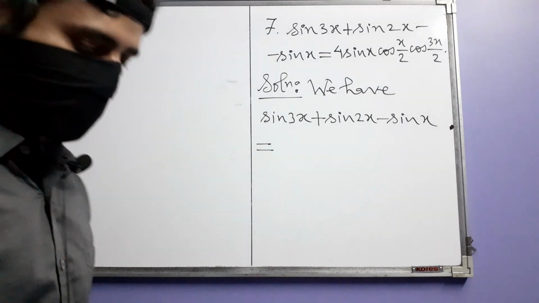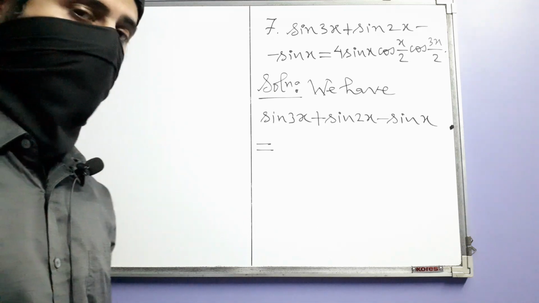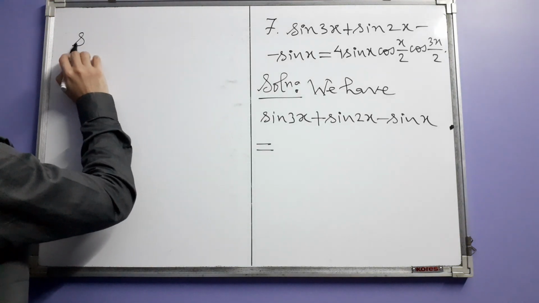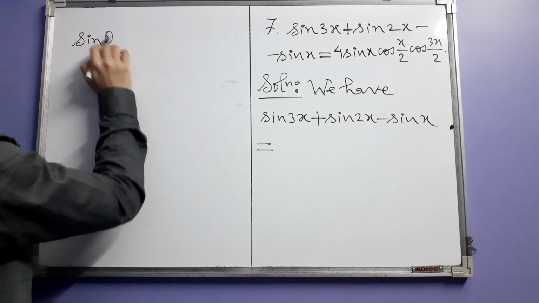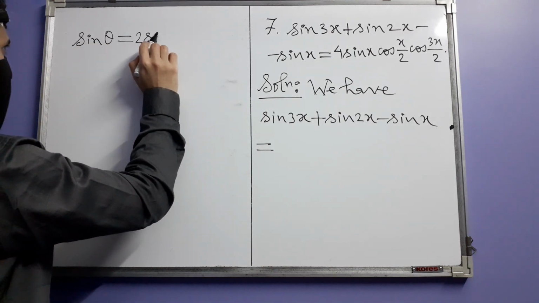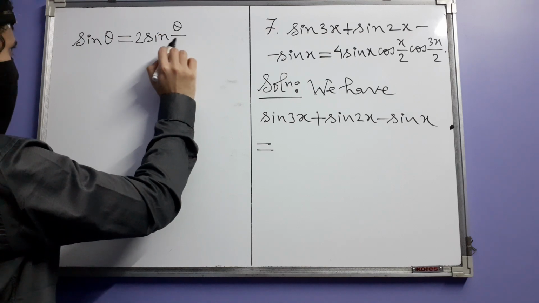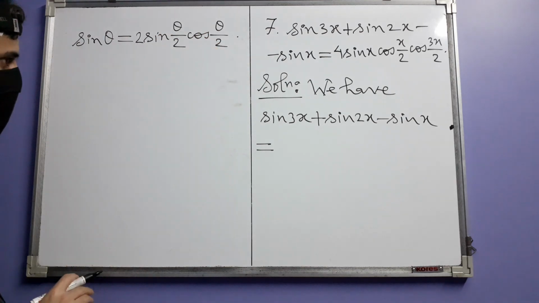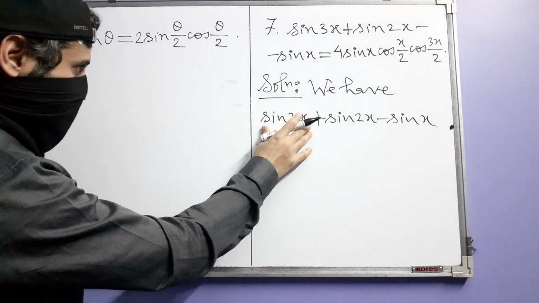I am going to use the half angle formula for sine. That is, in place of sine theta, I can write 2 sine theta over 2 cos theta over 2, and that I am going to write here.